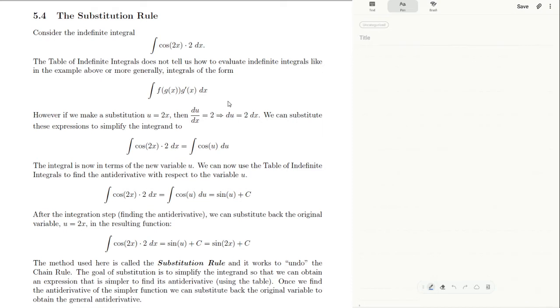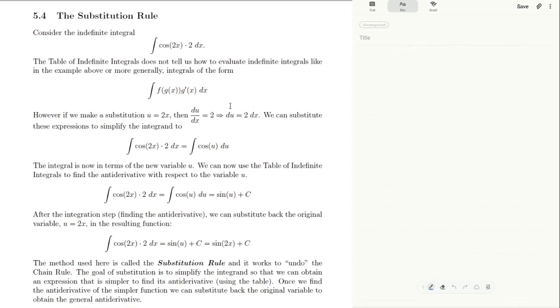And if we solve for du in this equation, we get that du is equal to 2 times dx. Here we're treating du over dx like a fraction, so we can multiply both sides by dx.